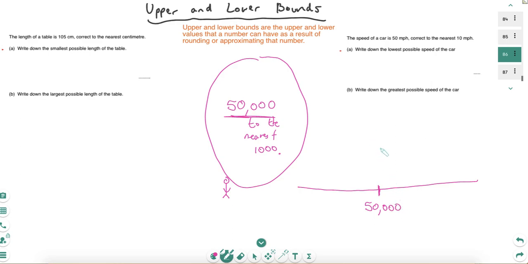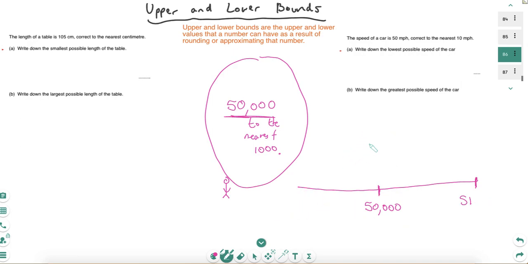And a lot of people say, okay, if there are 50,000 people to the nearest 1,000, the upper bound is going to be 51,000, and the lower bound will be 1,000 less than 50,000, so 49,000. But if you were to say there are 49,000 people at the stadium, 49,000 to the nearest 1,000 is 49,000, not 50,000, which is what we want.